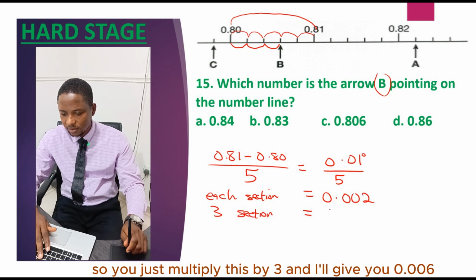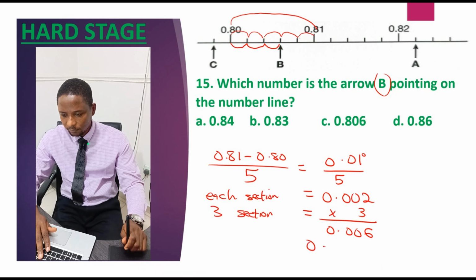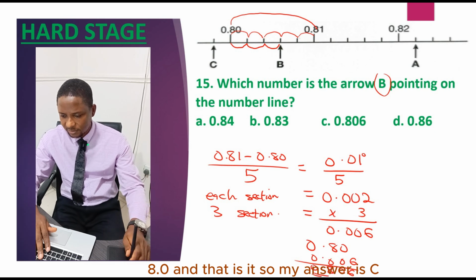So you just multiply this by 3, and that will give you 0.006. Then don't forget to add your 0.80 to what you have gotten, 0.006. When you add up, you have 0.806, and that is it. So my answer is C.